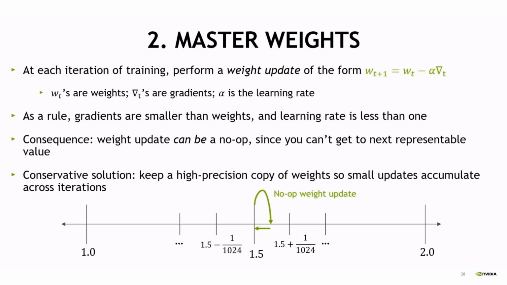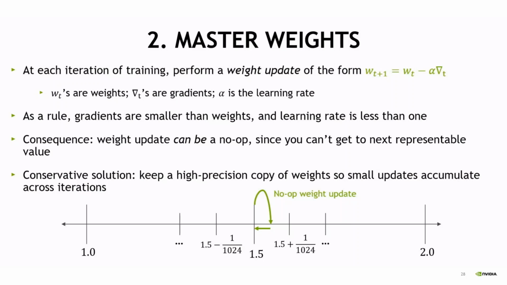And if your weight update is, for example, 1 over 4000, this update value is too small, and the result of our updating step will be rounded back to 1.5. In practice, your model trains and loss gets smaller over time, and then there is some threshold after which your loss stops changing.